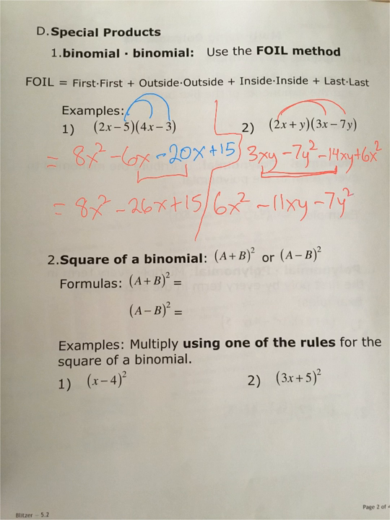So again, the whole point when you're multiplying is to make sure this term gets multiplied times all these. The order doesn't matter. Make sure that this term gets multiplied times all these. The order doesn't matter. That's the only point I'm trying to illustrate here. As long as you make sure everything gets distributed, you're going to be just fine. All right. Questions there?